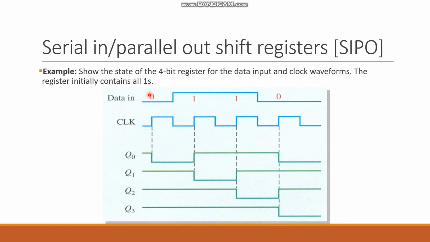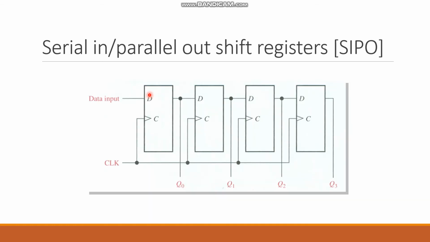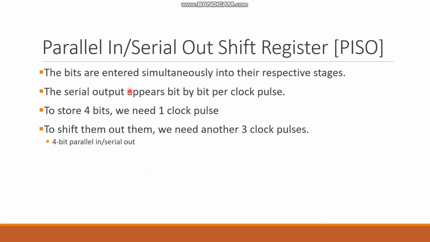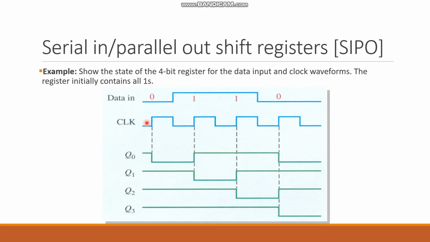This data in is connected to the first flip-flop, right? So this flip-flop is going to be 0. It was 1, but when the clock pulse is applied, the data input is 0, so this one is going to be 0. How about this one? This output is going to be given to this one, so it's going to be 1. This one is going to be given to that one, and this one is going to be given to that, so they are going to be 0.